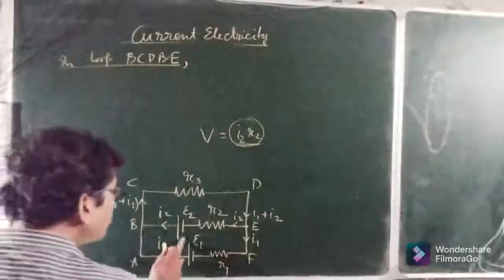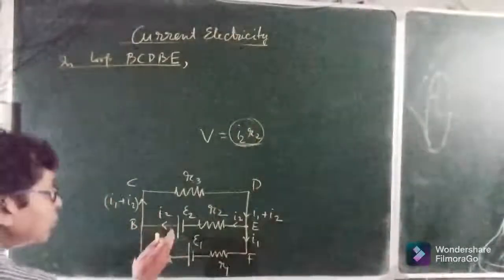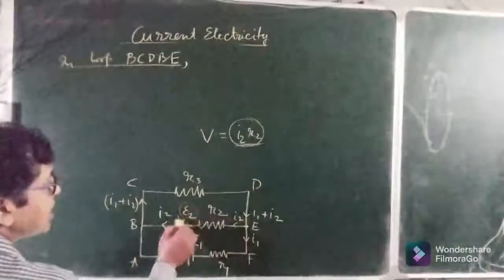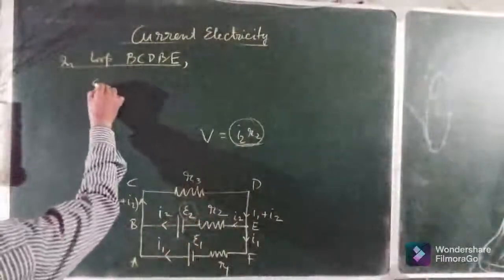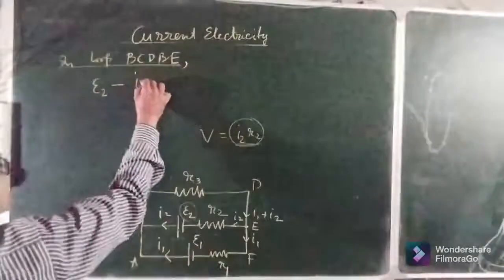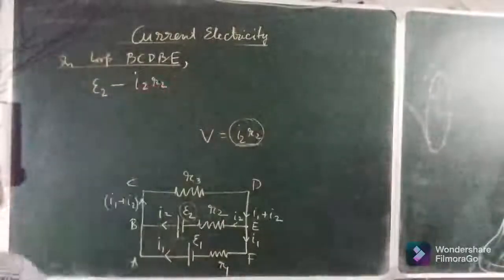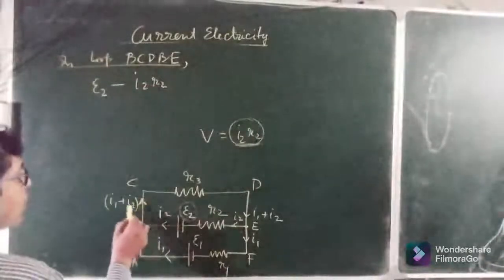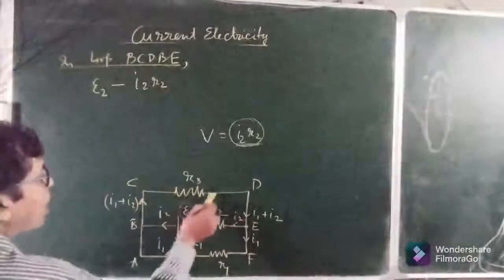So we have to reduce that amount of energy from this EMF. So we have to write this EMF minus I2R2. Similarly, the sum of these two currents, I1 and I2, flows through R3.